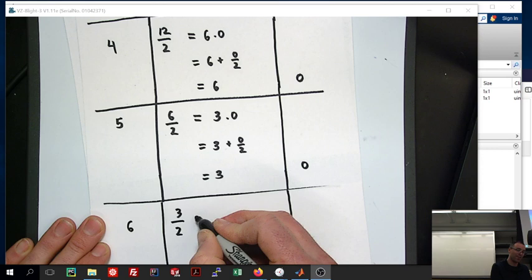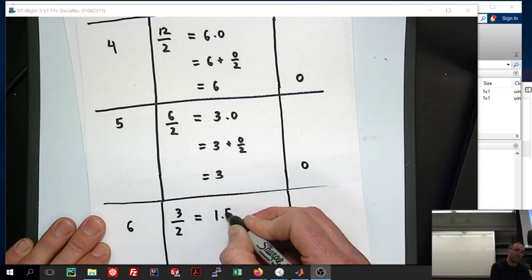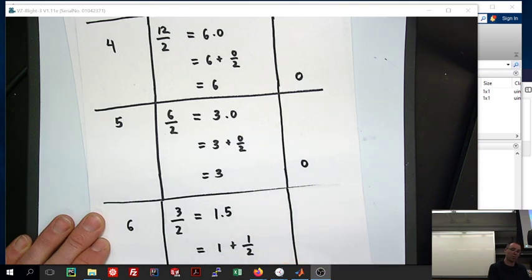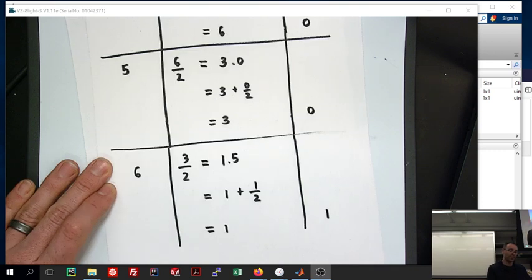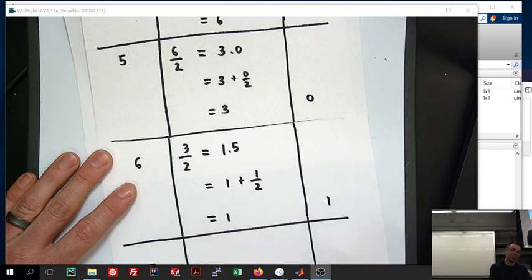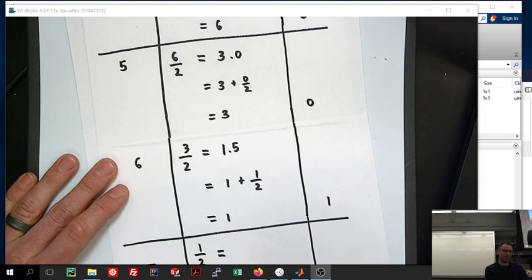The number of bits. So this is 1 plus 1 over 2. Integer part is 1, remainder is 1. So I take the integer part, 1 over 2. This is 0.5.